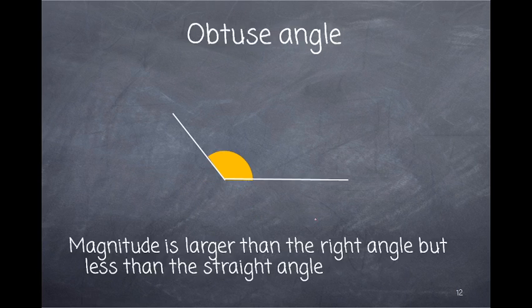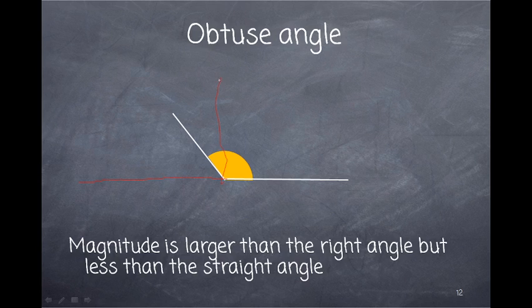Obtuse angle. So what is an obtuse angle? The size or the magnitude is larger than the right angle but less than the straight angle. So to be the straight angle, it should be like this. I'm sorry for my drawing.